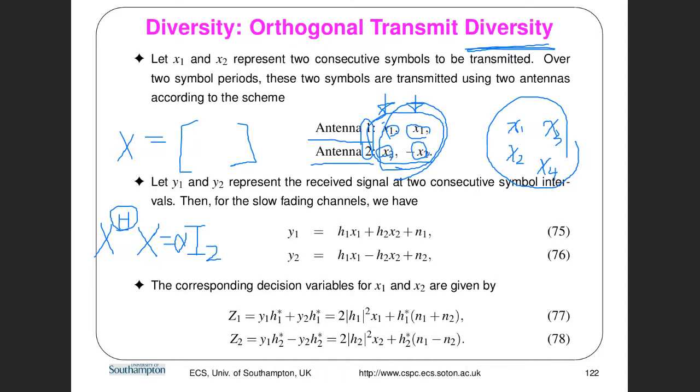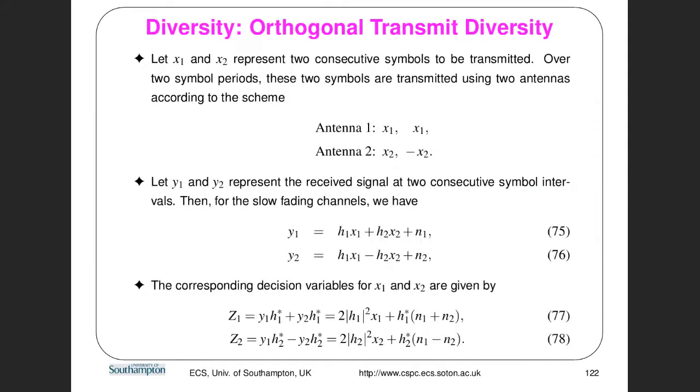So as a receiver, if you only have one receive antenna, for this example, in the first time slot, you receive a signal from transmit antenna 1 and transmit antenna 2, going through 2 channels.